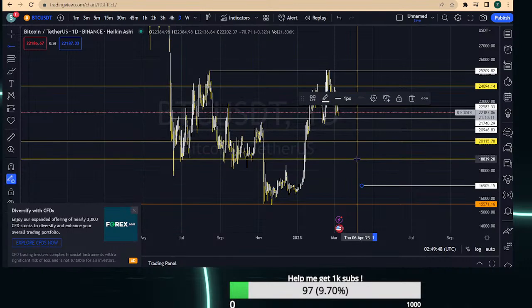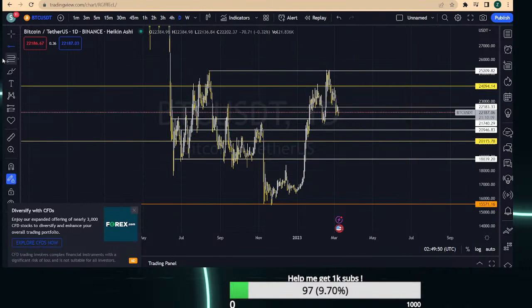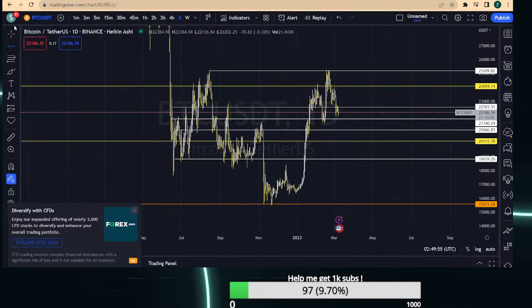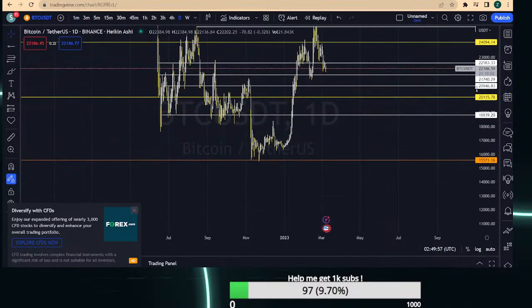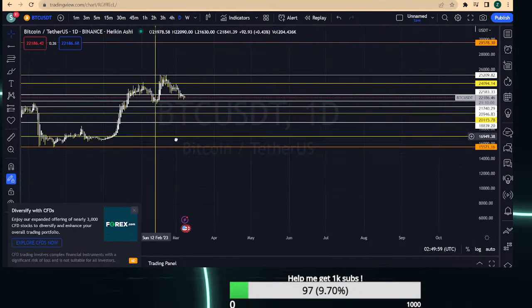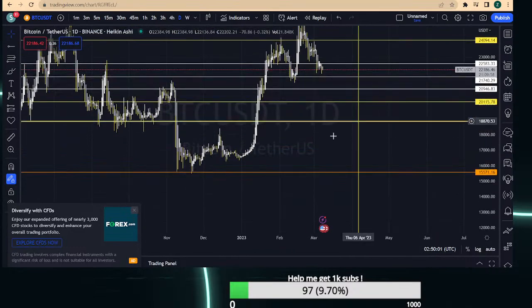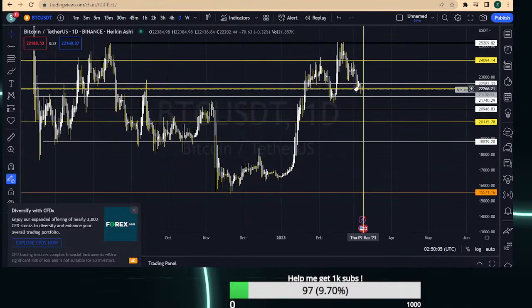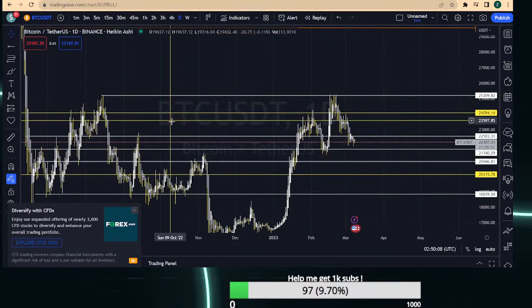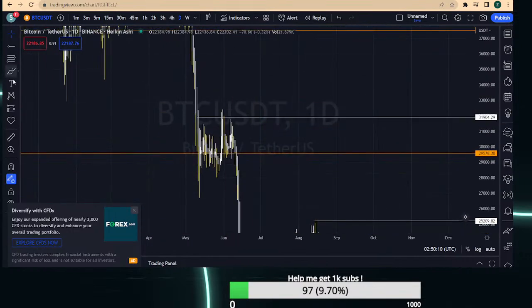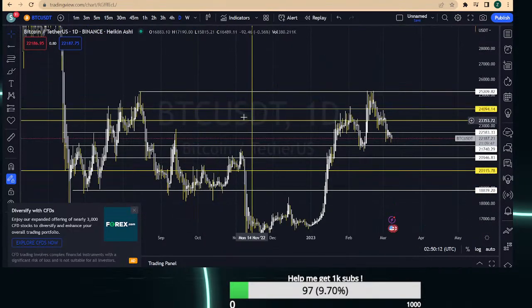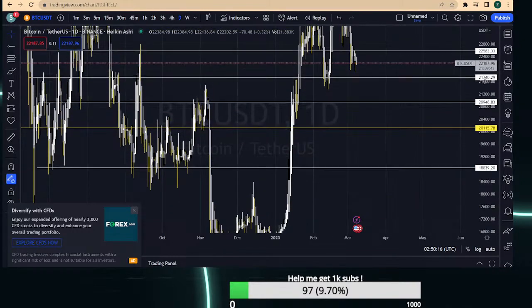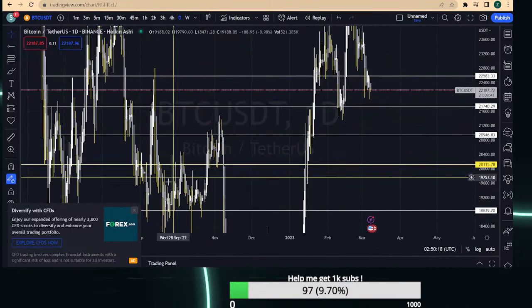Here. So now we have all of our daily tops and daily lows, going all the way back as well. These will all be key levels that you can keep track of in the long run.